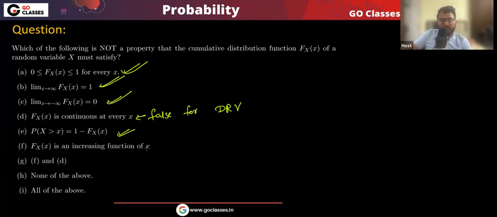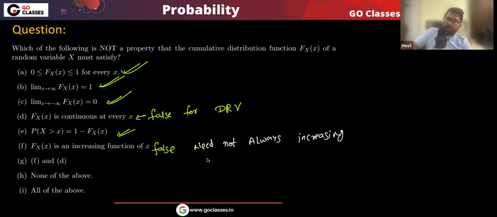Fx is an increasing function of x. Is this increasing? What do you think? Does this always have to increase? This is false, right? It need not be always increasing.